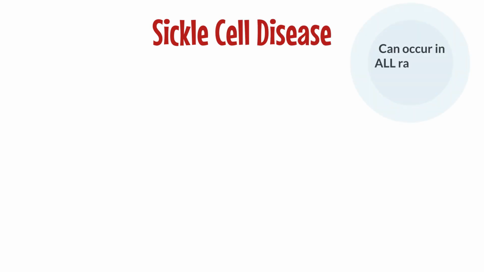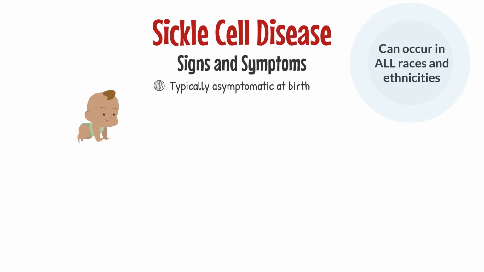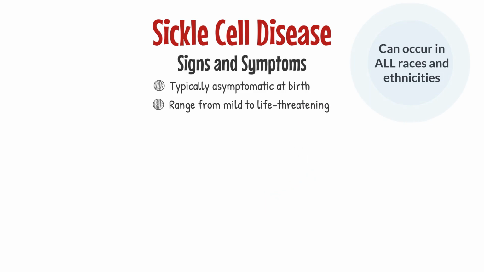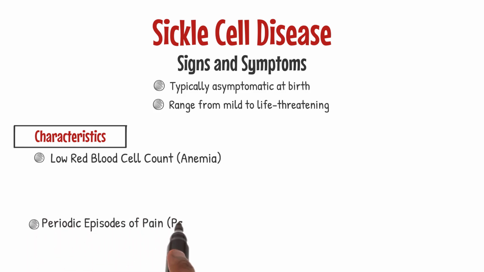Sickle cell disease is found in all races and ethnicities. Infants born with sickle cell disease are typically asymptomatic at birth, with signs and symptoms appearing as beta globin chains begin to develop in the first year of life. Signs and symptoms of hemoglobin SS are highly variable, ranging from mild symptoms to life-threatening symptoms and frequent hospitalizations. Characteristic signs of sickle cell disease are anemia or low red blood cell counts, periodic episodes of pain called pain crises, and frequent infections.